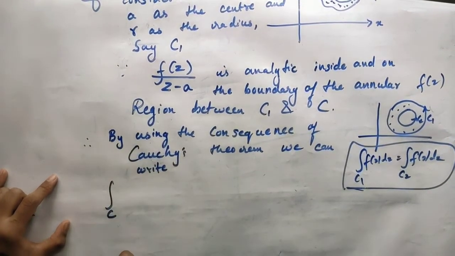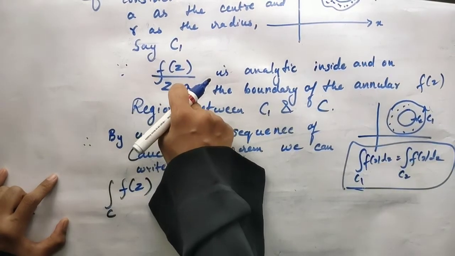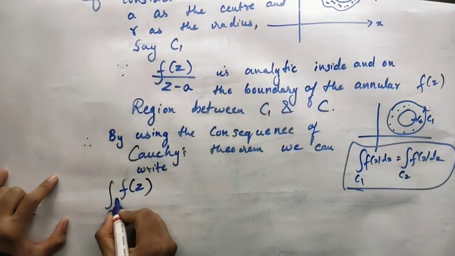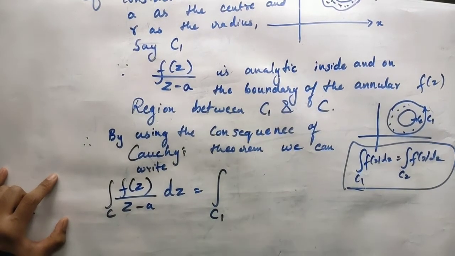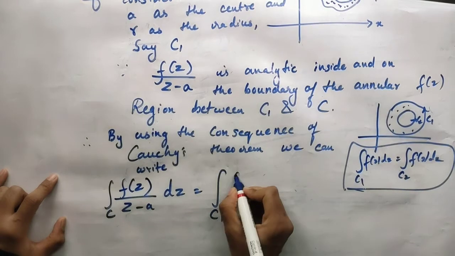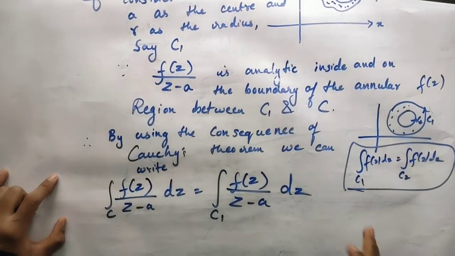Integration along the curve C, for this function we have to write, not for f of z: f of z divided by z minus a as a whole we have to consider. This will be equal to integration along C1 of f of z divided by z minus a dz. Half part is done here.